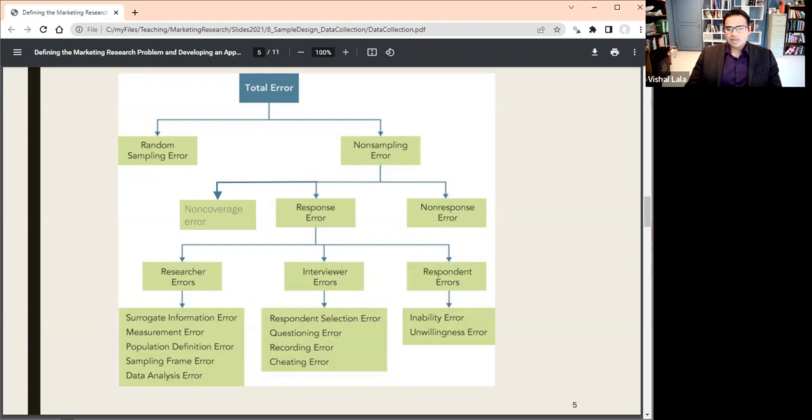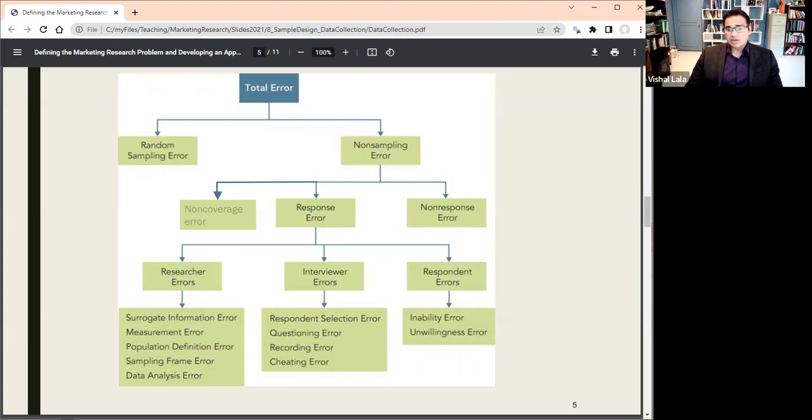Lastly, there are instances when the respondent may answer the question, but not do so truthfully. Now you'd wonder, why would a respondent lie in a survey? Well, for a number of reasons. One of them being because they simply don't know the answer to a question, and they feel like not knowing would reflect poorly upon them, so they say something anyway. Or they feel like they don't want to answer a certain question.